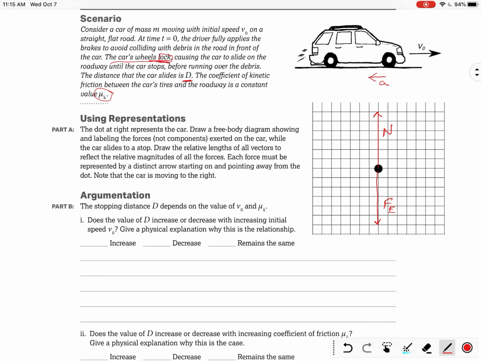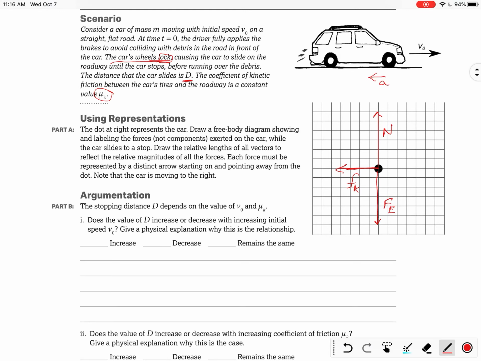And we've got kinetic friction. Which direction is kinetic friction going to point? That's the only other force acting on this car. So if I've got acceleration to the left, it should be obvious that I need my frictional force to be pointed to the left as well. And I'm going to label this little f sub k to denote kinetic friction.